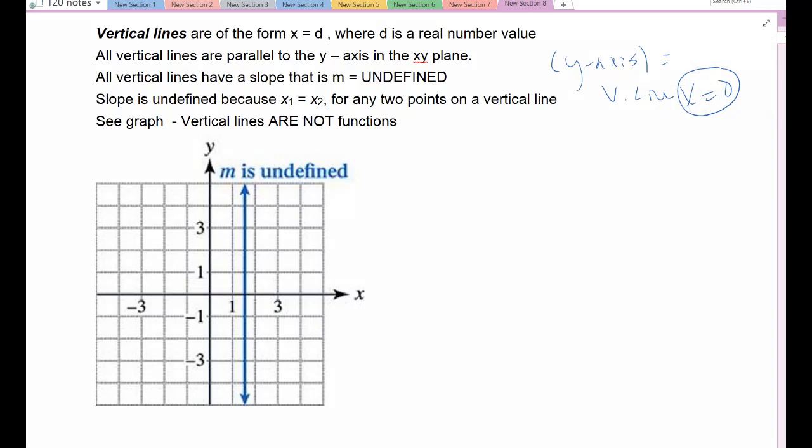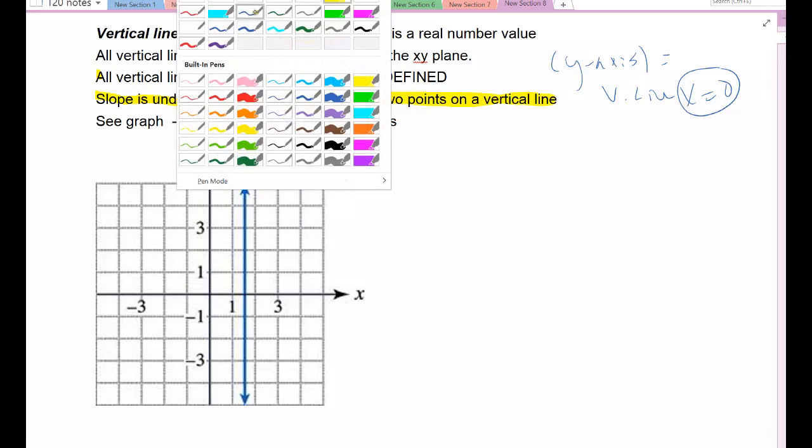And the reason why the slope is undefined is because on vertical lines, all of your x values are the same. They're equal to whatever that number d is. Every x value on my line is equal to d.